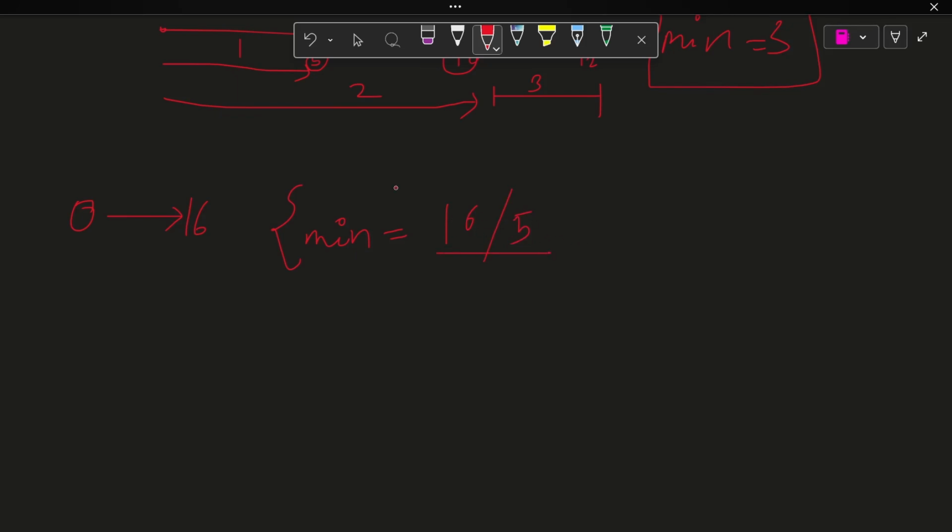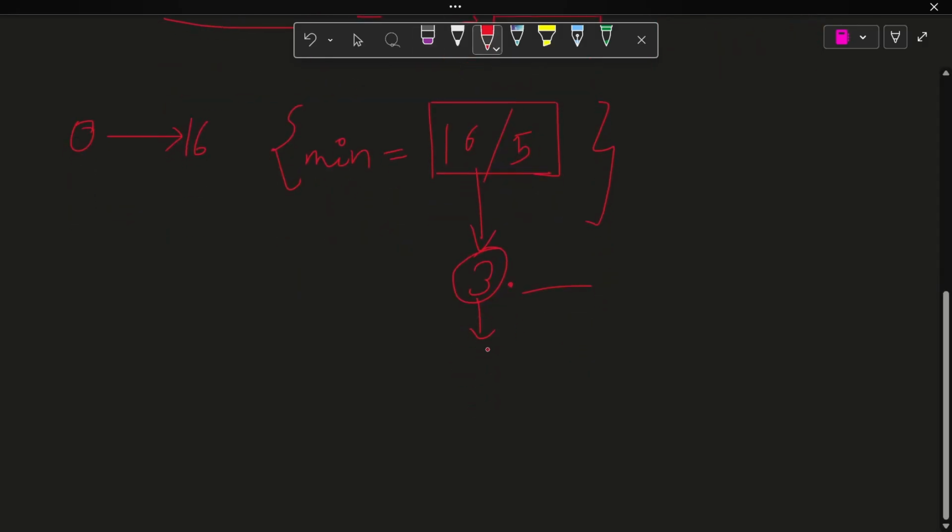And if this division is complete, which means there is no remainder, then we output the answer. And if there is any remainder, then we add 1 to it. Let's say 16 divided by 5 is 3 point something, right? So it is greater than 3, but in C++, the int value only gives 3 as output.